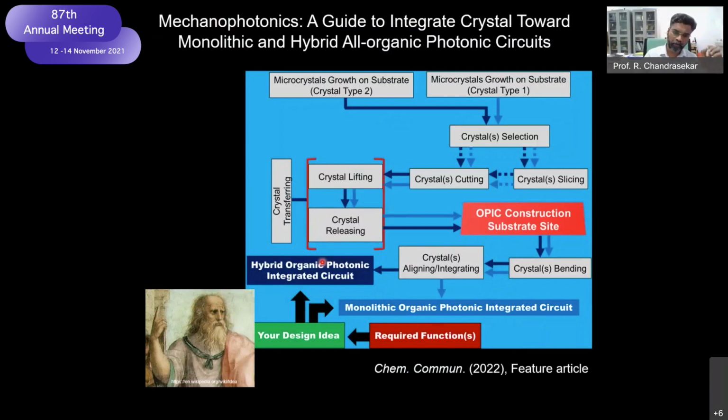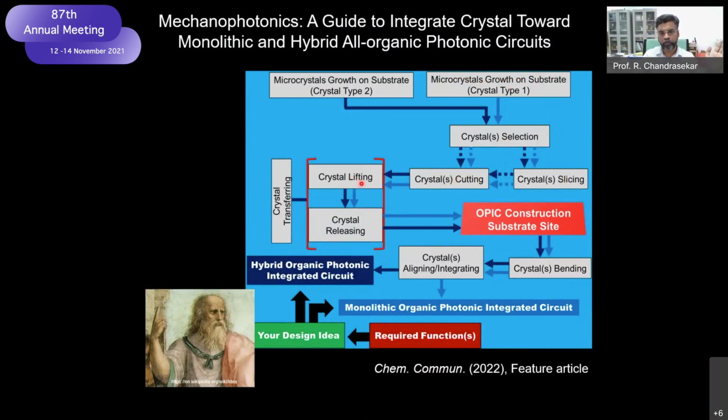So if you want to create an optical circuit, you need to know a required function, and then you need to have an idea. So one should really think how we are going to get this function. So once you have the idea, you have to decide whether you want to have a monolithic circuit or hybrid circuit. So then you go here, you have crystals, and you select the crystals. You want to cut them to a required dimension, you cut it or you slice it.